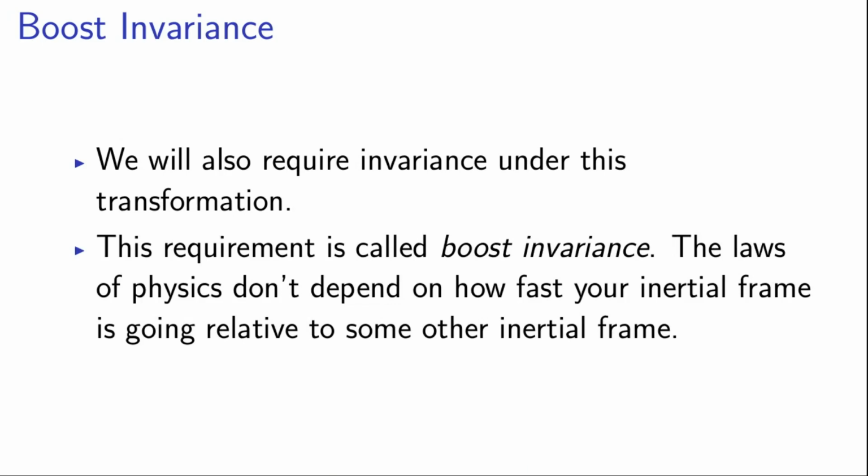We will also require invariance under this transformation. This requirement is called boost invariance. The laws of physics don't depend on how fast your inertial frame is going relative to some other inertial frame.